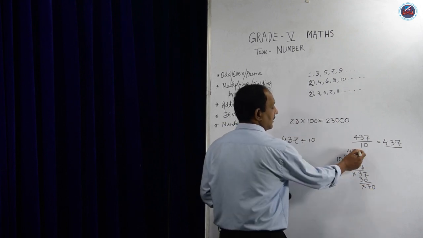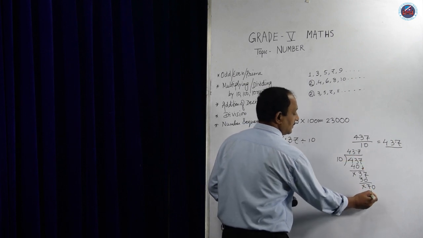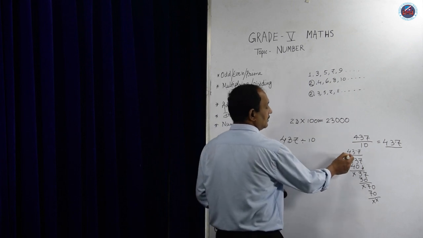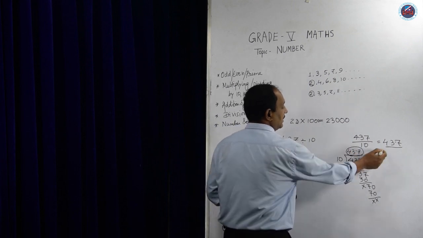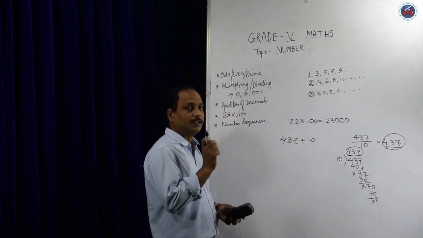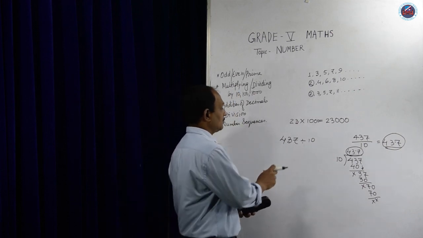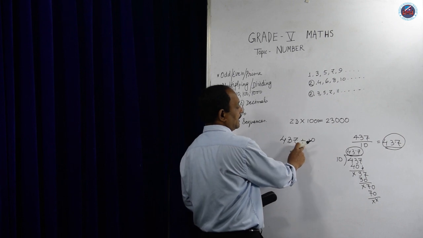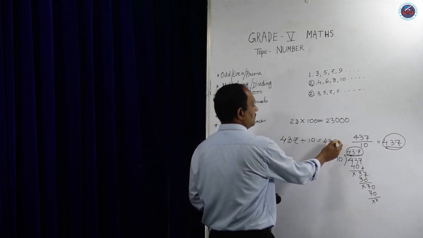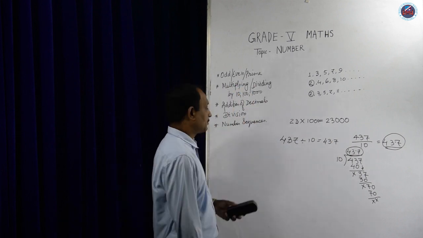Now 10 sevens are 70. No remainder. Now see this number 43.7. So in this way, we can go in a short form, short way. So 437 divided by 10 will be 43.7.